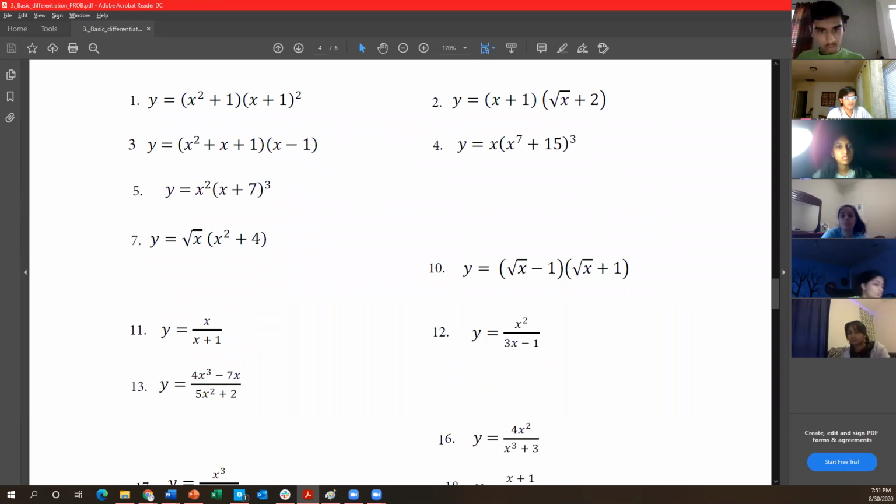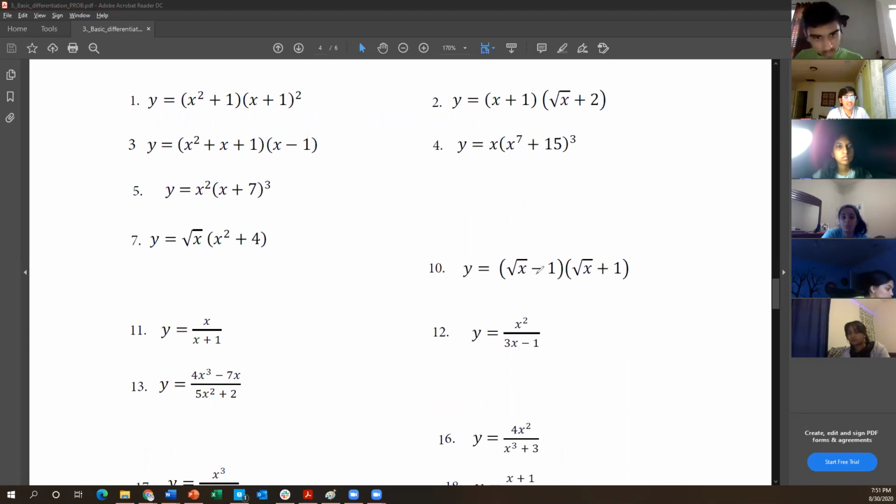Because you should immediately notice this as a plus b times a minus b, so it's a squared minus b squared. So this is just x minus 1, and the derivative of this is just 1. So there was no need to use the product rule in this. So whenever you can, please try to simplify it out. You'll make your life much easier.